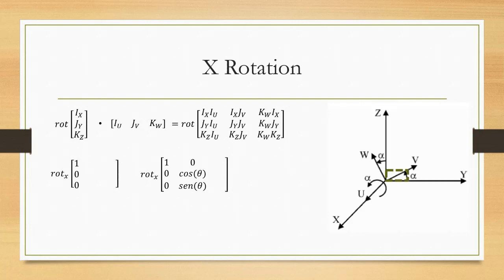For the projection of the vector u onto the axes y and z, we have an angle of 90 degrees and the representation of this is 0, because we don't have a component or projection in this axis.